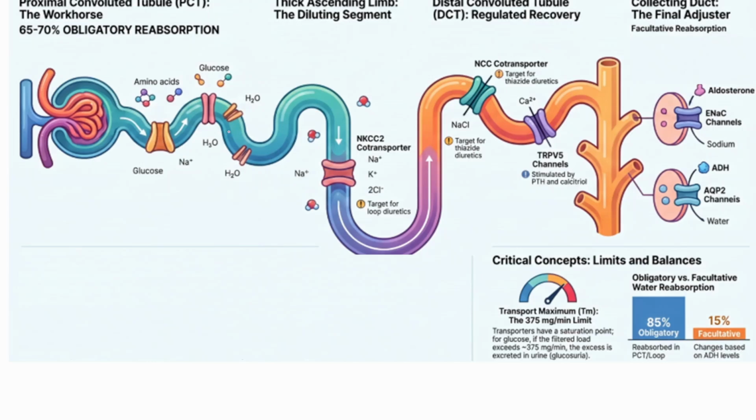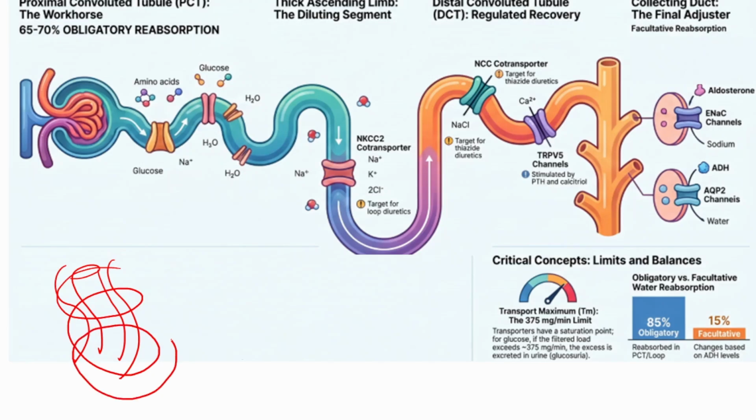We define this physical process as the directional movement of fluid and solutes from the tubular lumen. That means if it's a tubule, this is the lumen of the tubule, and around the tubule you will have capillaries that wrap around them, called peritubular capillaries.